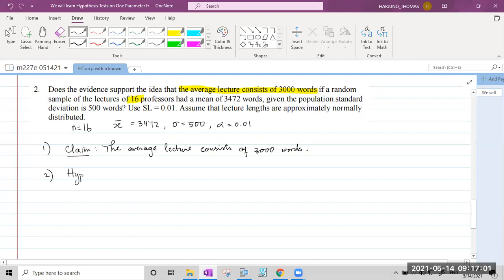Hypothesis. Null hypothesis, alternate hypothesis, it's about average, so that's mu. Now the claim says that the average is 3,000, so that's actually null hypothesis. That's actually null hypothesis. The claim is here. The claim is there.